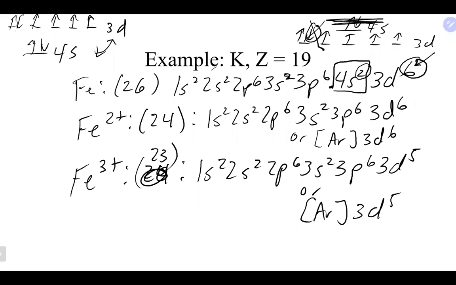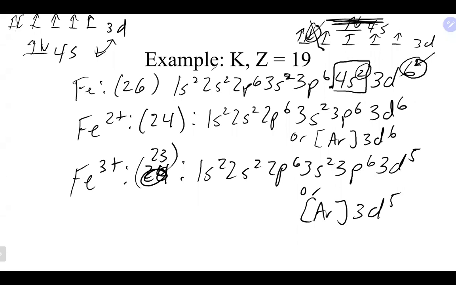Yeah, so again, we write the electron configuration in the filling order, which would be what we have up there on top for the iron, that the 4s should get the electrons first, and then the 3d get them. And that's because, again, the 4s is lower in energy than the 3d. But what happens once that d starts to get populated is they actually start switching around.